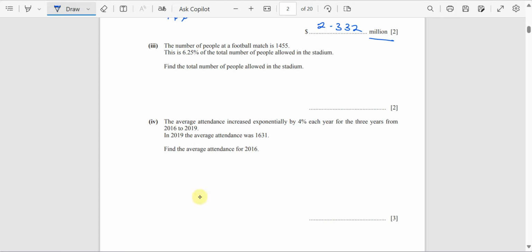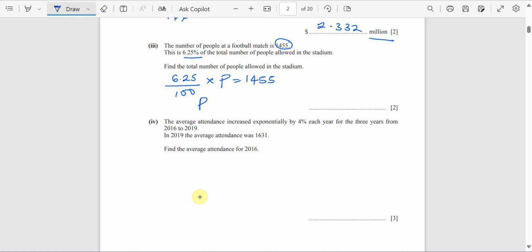Now, this number that we have here is just 6.25% of the people allowed. So that simply means 6.25% of the people allowed is 1,455.